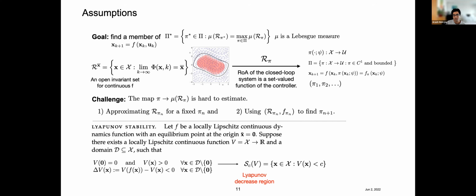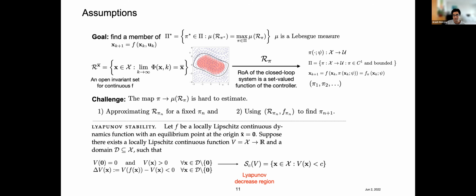The reason we can do that is that pi is part of the closed loop system, and if we fix the system, then the region of attraction is only a function of pi. The map from pi to the volume of the region of attraction is not easy to estimate. If it was, it would be easy because we could just backpropagate the information all the way to pi and perturb the parameters of pi so that it increases the volume of the region of attraction.